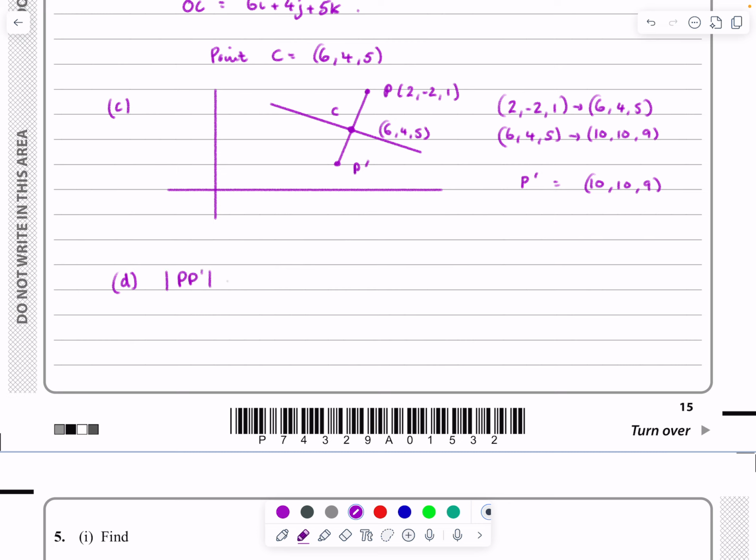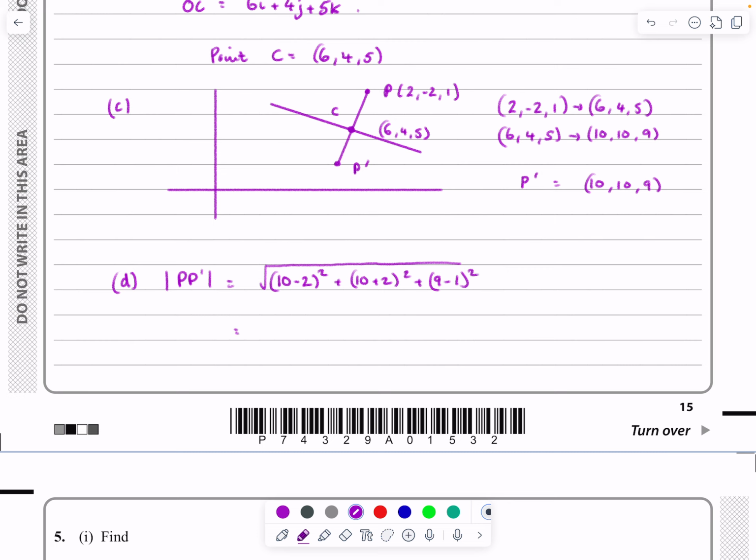The length of PP dash is just going to be the square root of x2 minus x1 squared, y2 minus y1 squared, z2 minus z1 squared. I'm not even going to put those bits in. I'm just going to put the actual values we've got here. It's 10 minus 2 squared. It's 10 minus minus 2, so it's 10 plus 2 squared. And then it's 9 minus 1 squared.